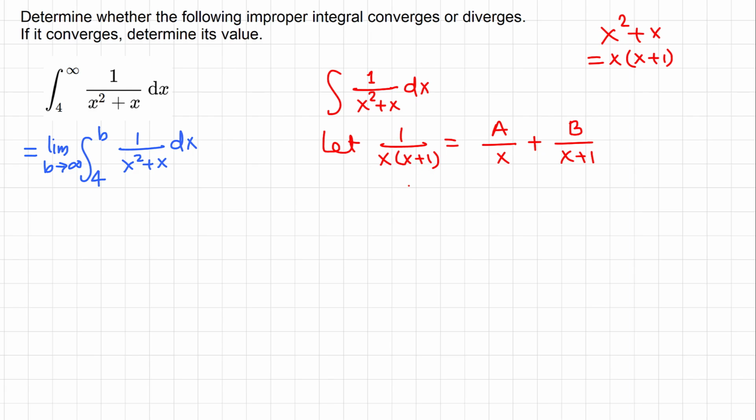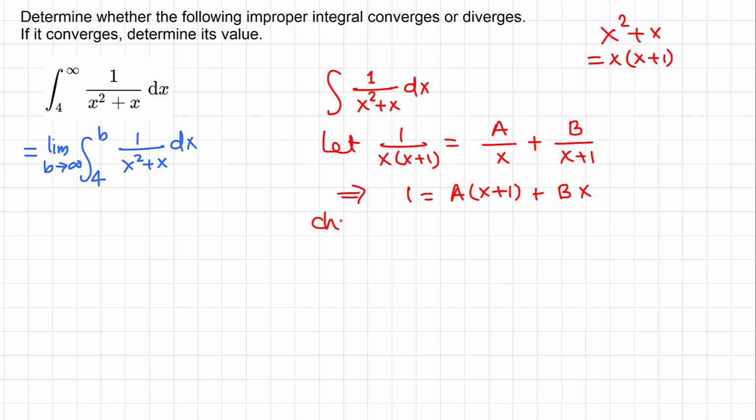That means the top, 1, equals, these are distinct, so A times x plus 1 plus B times x. When we have two distinct factors, then we can do this work.